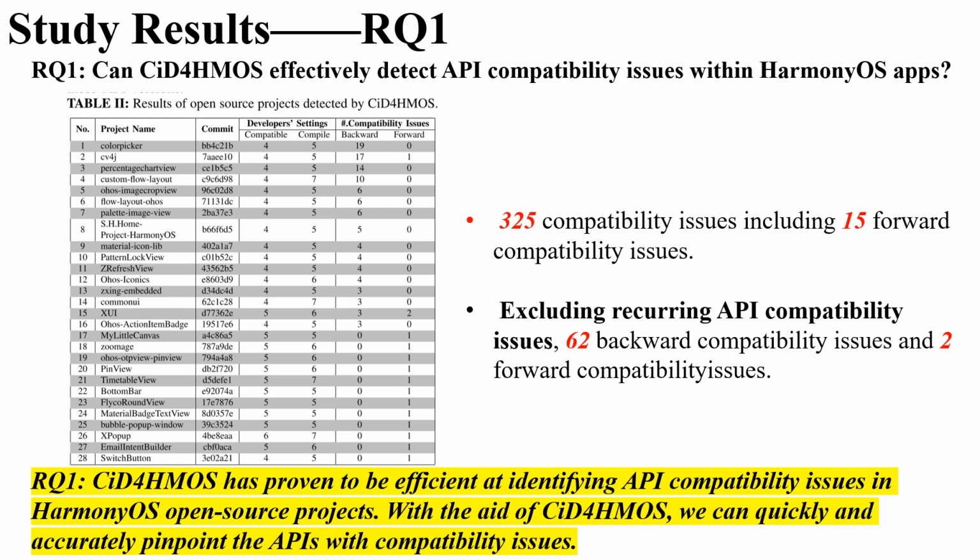Excluding recurring API compatibility issues, we observed 62 backward compatibility issues and 2 forward compatibility issues. Table 2 shows the results of open source projects detected by CiD4HMOS. Our findings were affirmative. CiD4HMOS has proven to be efficient at identifying API compatibility issues in HarmonyOS projects. With the aid of CiD4HMOS, we can quickly and accurately pinpoint the APIs with compatibility issues.